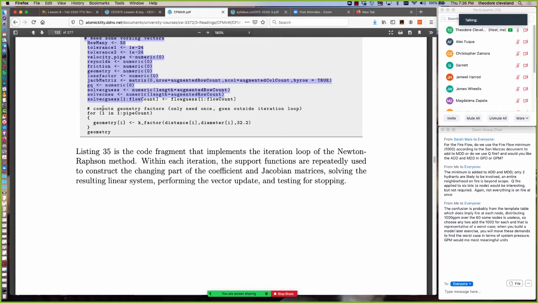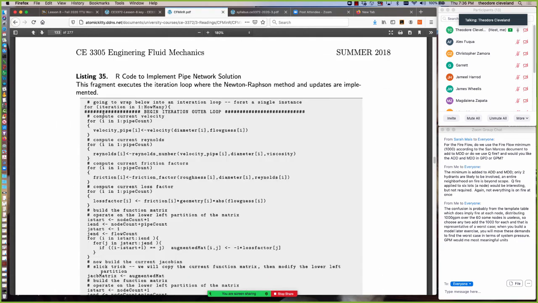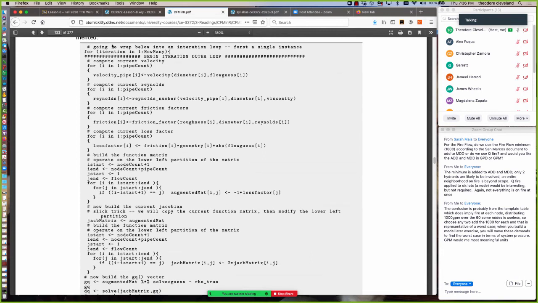And now we compute the geometry factors. And we wrap all of those computations into right here. That's the Newton-Raphson loop. So it's going to do that over and over again until it finds a solution.